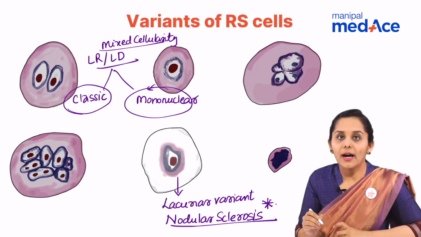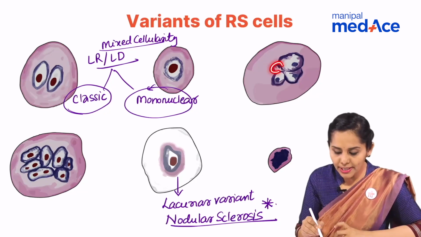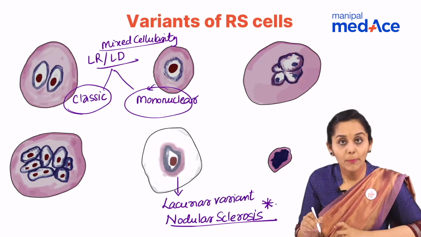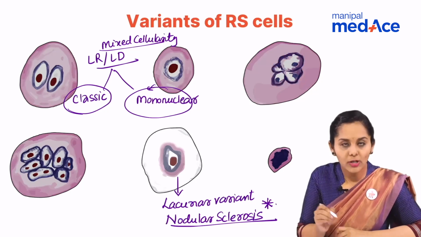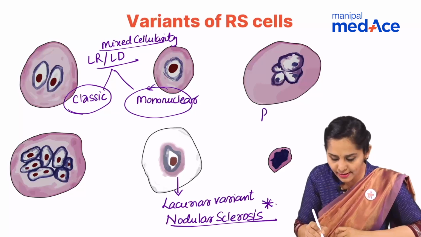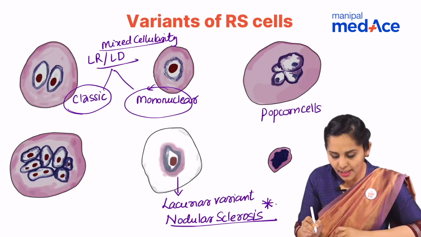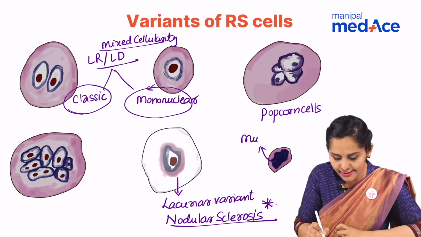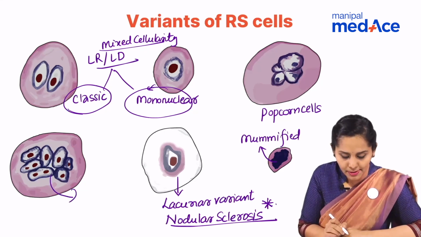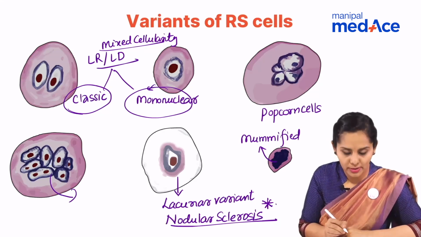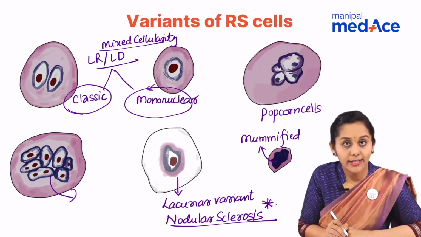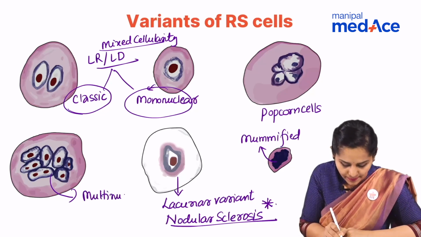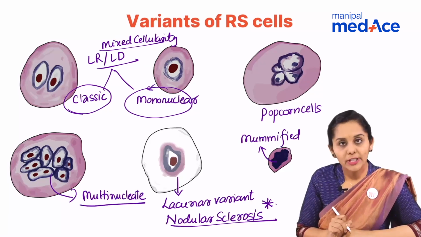Now moving on to some other types. In some of the RS cells, there can be multilobated nuclei like this, similar to a popcorn. So these cells are called popcorn cells. And sometimes the nuclei are shrunken. These are called mummified cells. Sometimes there are multiple nuclei with prominent nucleoli, okay. So these are actually the giant cell form or the multinucleate forms. So where do you see them?